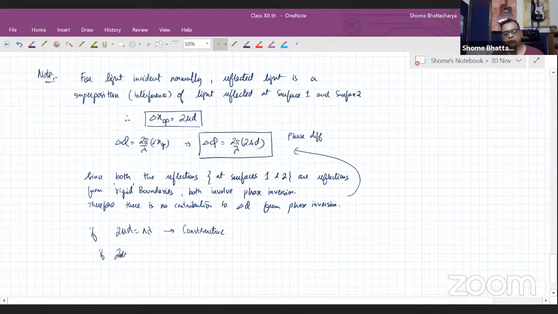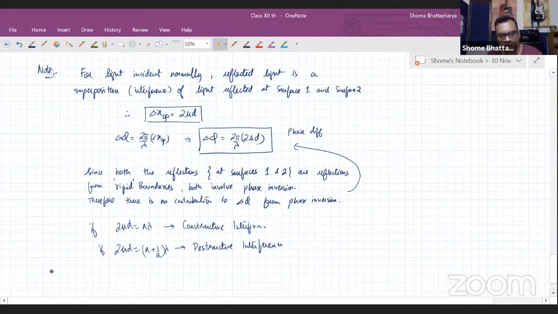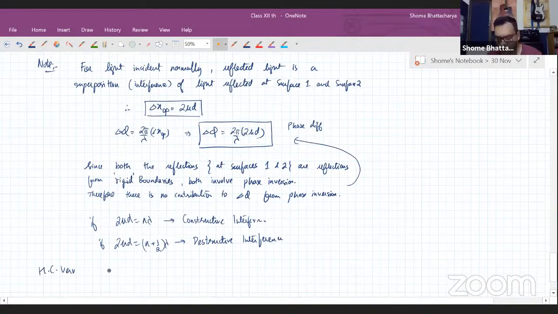And if 2 times mu d is n plus half lambda, we will have destructive interference. Okay. So this is the standard thing to remember about this. So now coming to H.C. Verma question number 35.